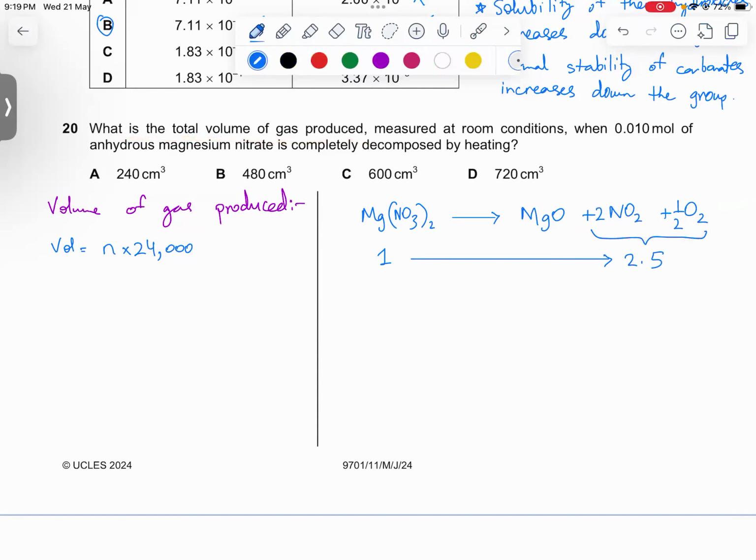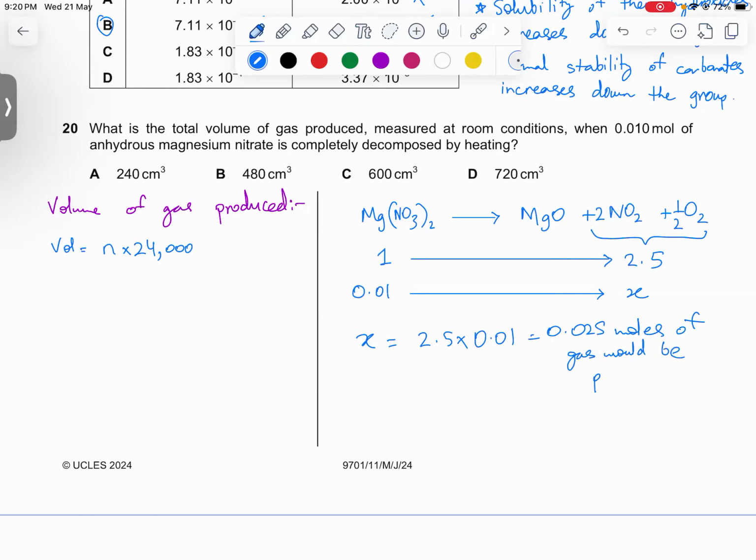Okay. Now in the question, it is asking 0.01 mole of magnesium nitrate. How much gas would it produce? X, right? So X would be equal to 2.5 times 0.01. What is 2.5 times 0.01? It is 0.025. So 0.025 moles of gas would be produced.